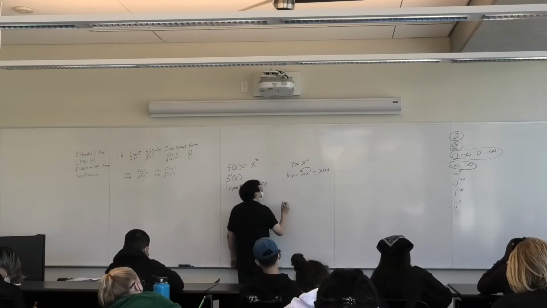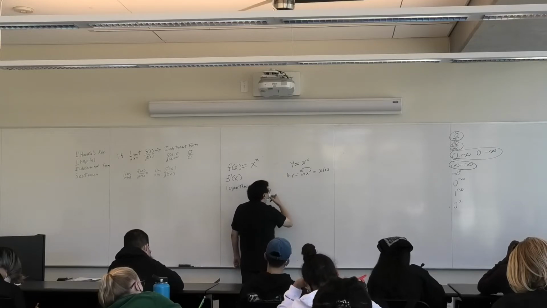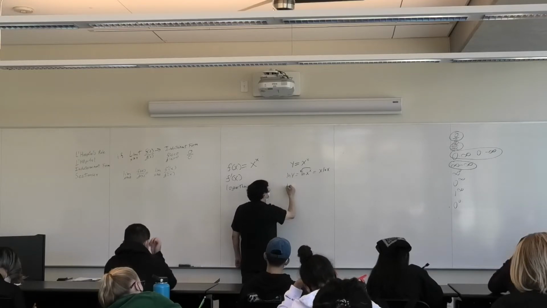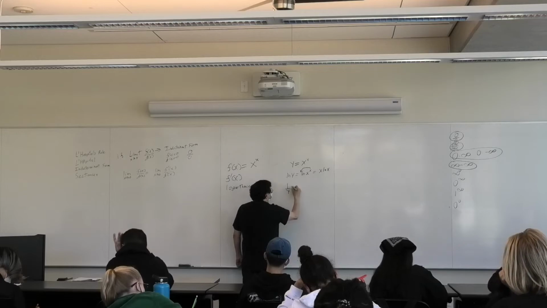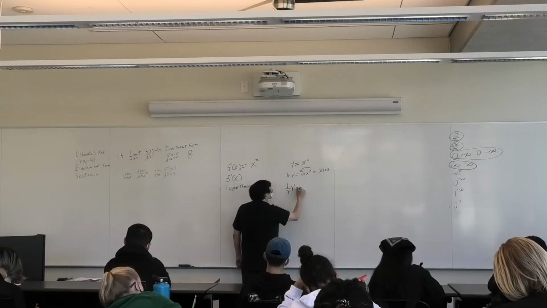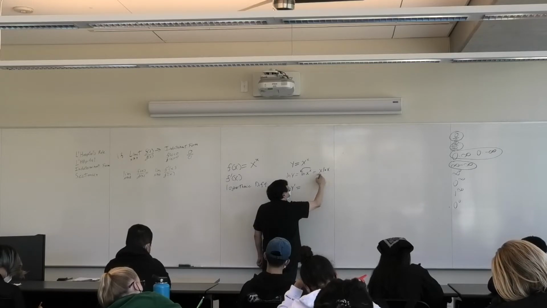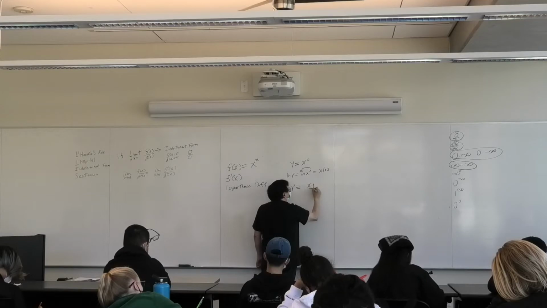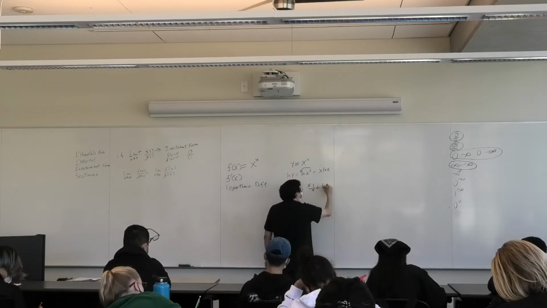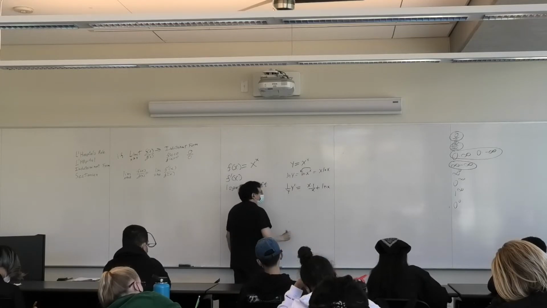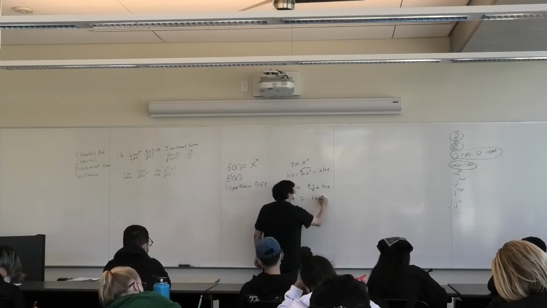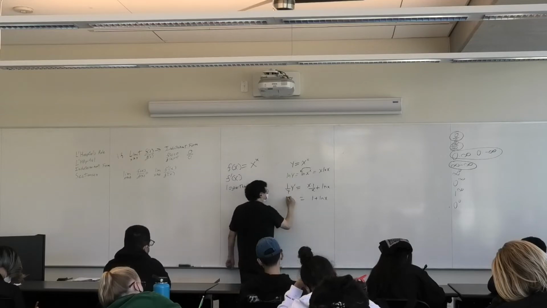Differentiate both sides. So the derivative of the log of y is 1 over y times y prime. And we just did this earlier today. So it's x times 1 over x plus log of x times 1, which is 1 plus log of x.